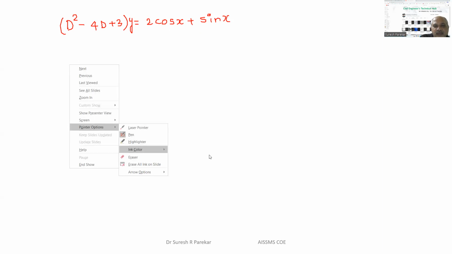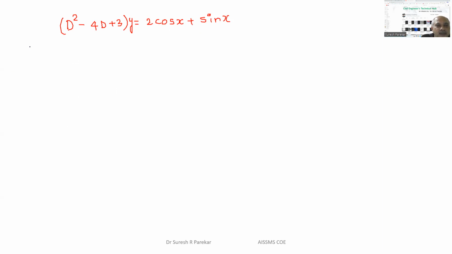First we have to find the complementary function, and for that we write the auxiliary equation: m square minus 4m plus 3 equals 0. Now I will directly write (m minus 1)(m minus 3) equals 0. Therefore m1 equals 1 and m2 equals 3.